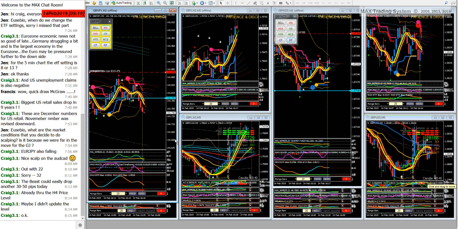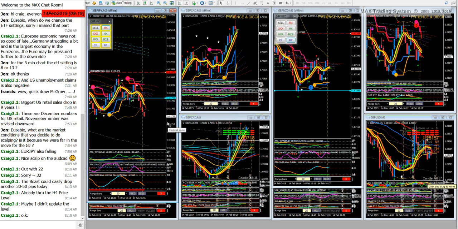The yen is regaining strength, the pound is losing strength again, so probability is good.